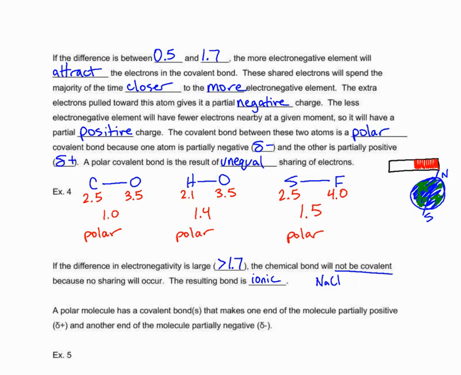These two are just up here. So the electronegativity for sodium is 0.9, and chlorine is 3.0. The difference here is 2.1, which is greater than 1.7, meaning it's going to be ionic.